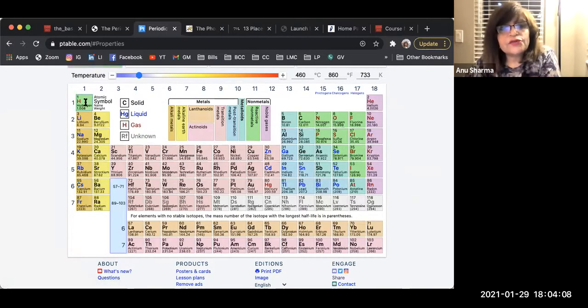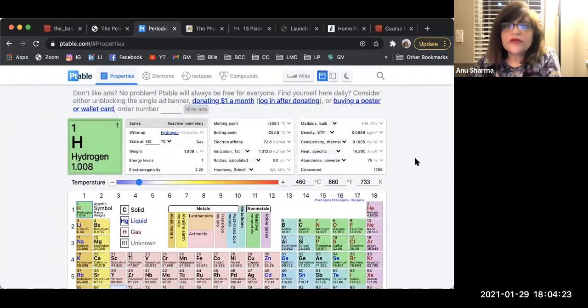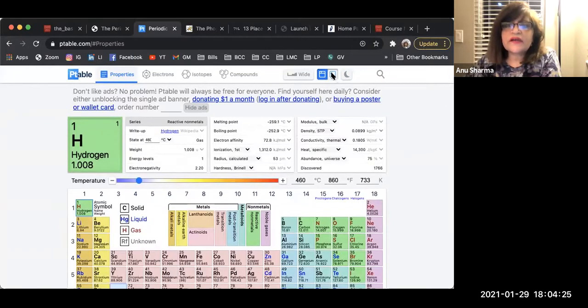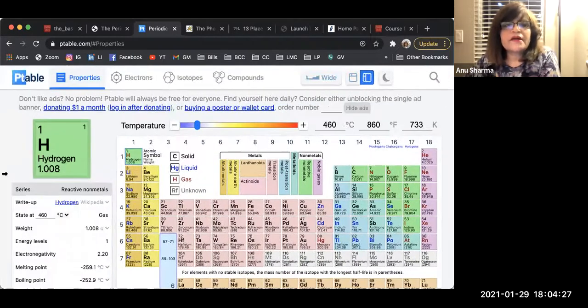Next thing is we're going to look at the fact that every atom has two numbers. One number is on the top and the other number is at the bottom. Every atom has two numbers.